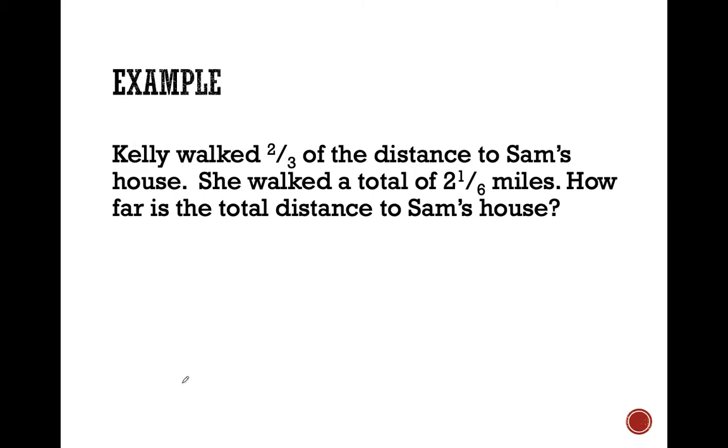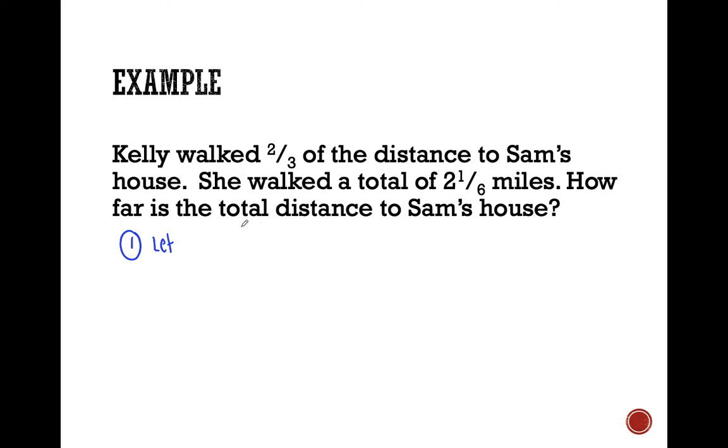Okay, so this example is in your notes. It says Kelly walked 2/3 of the distance to Sam's house. She walked a total of 2 1/6 miles. How far is the total distance to Sam's house? So the first thing we want to do is write a let statement. The let statement is going to tell us what the missing information is.